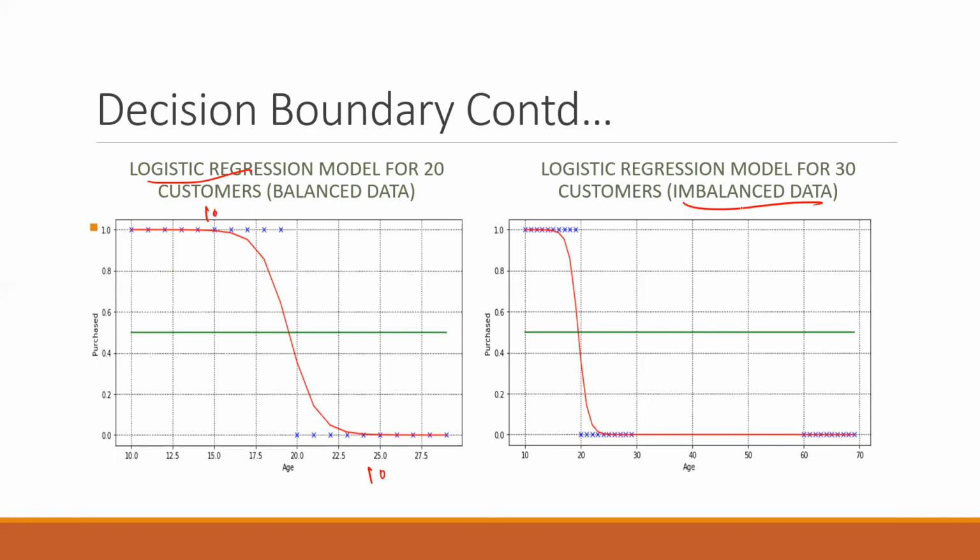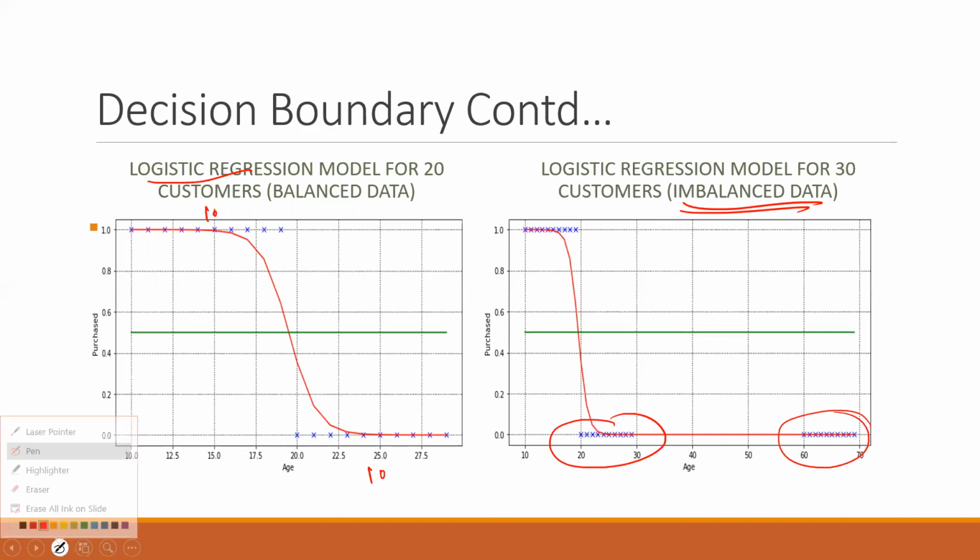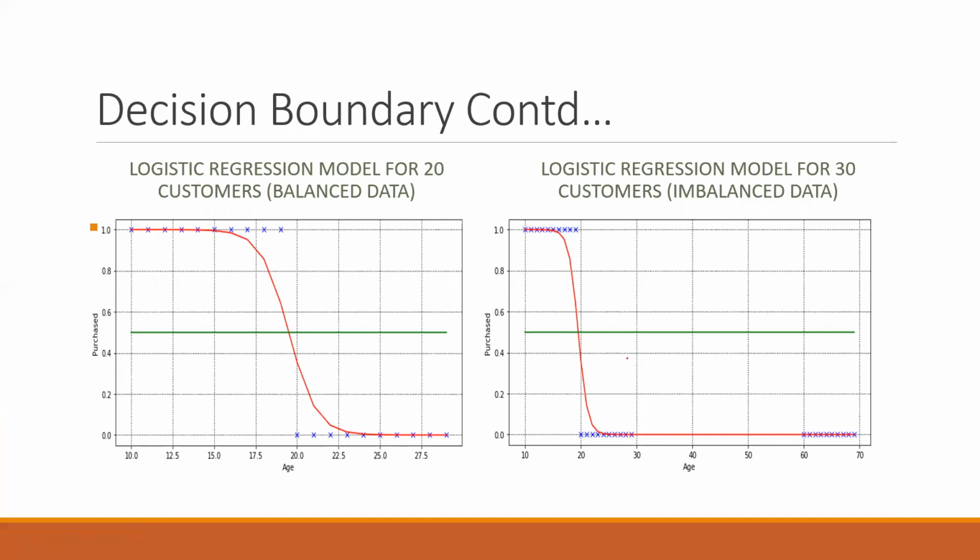But if it is imbalanced data, my S curve will look something like this. Obviously it is not going beyond one, so it is extended till here, because there were 60 to 70 age people and 20 to 30 age people. It will not be symmetrical.